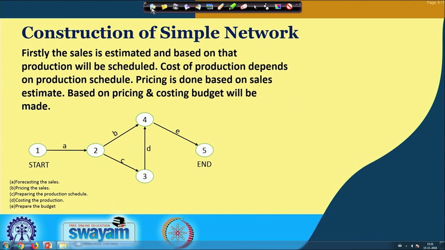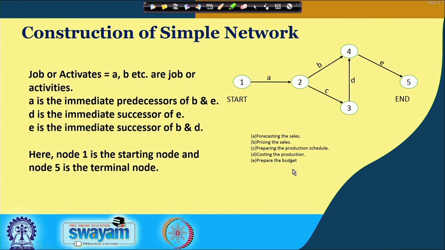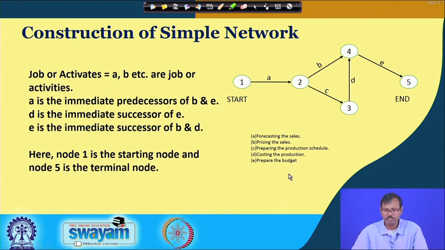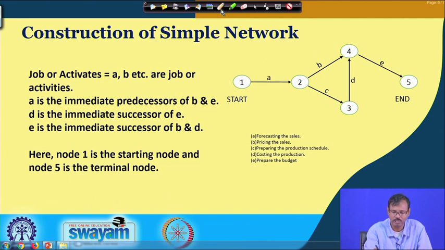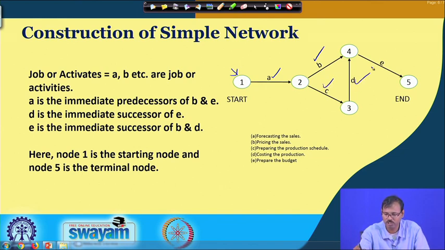So, this table can be prepared based on this, and from there we can finally draw this network. This network is showing the first initial node as the starting node. This is job A, which is basically the forecasting of sales, this is job B, which is pricing of sales, this is production scheduling, this is costing, and this is budget.